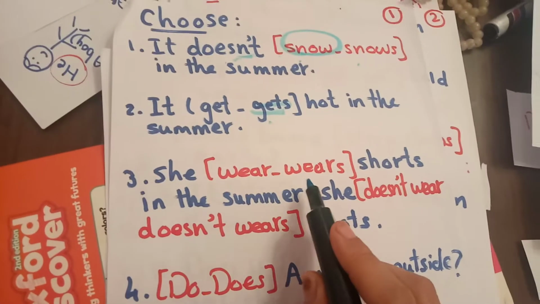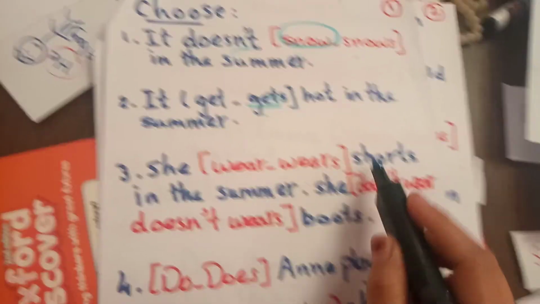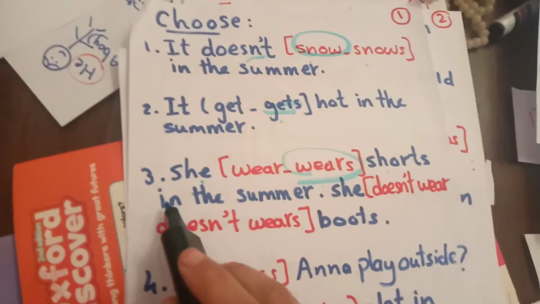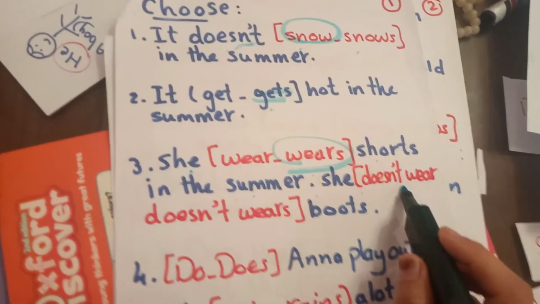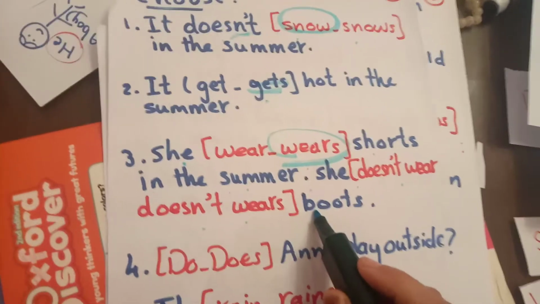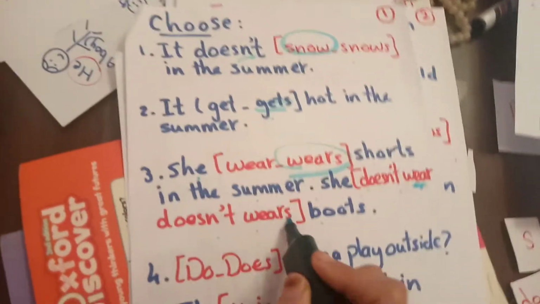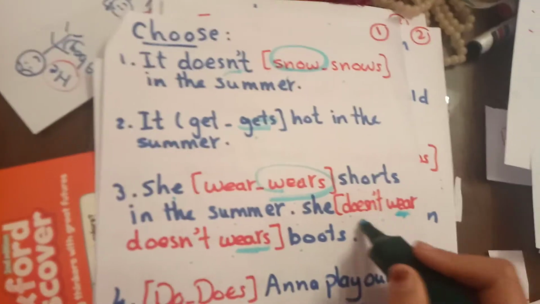She wears or wear shoes? She's the subject, so the verb wears in the summer. She doesn't wear or doesn't wears boots? Doesn't wear. Here the verb after doesn't comes without S, and here it comes with S. Which one is correct? Doesn't wear, because doesn't kicks S out.